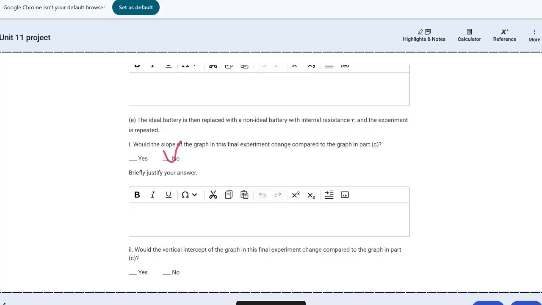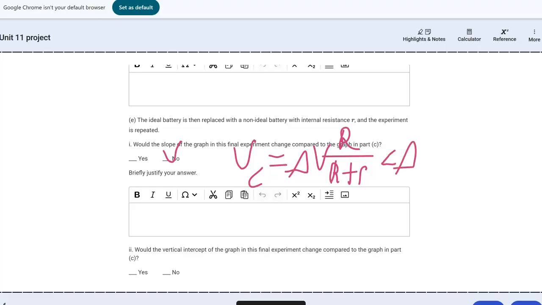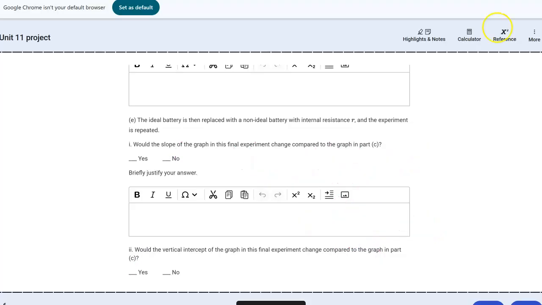With a non-ideal battery, that would be V_C equals delta V times R over R plus r, and that'd be less than delta V. And we have ln of this new value over delta V, and that'd be less than 0. So our intercept would be more negative, and that means it would change. And that's it. See you in the next one.